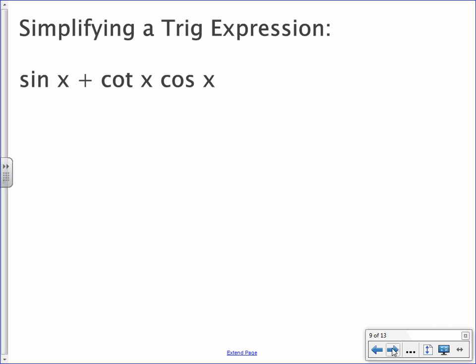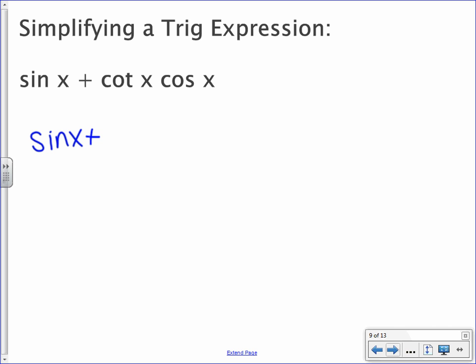So ideas on what we can do to make this more simple. Simplify. What can we do with cotangent? Can we rewrite cotangent? We sure can. How can we rewrite cotangent? We can write it as 1 over tangent.